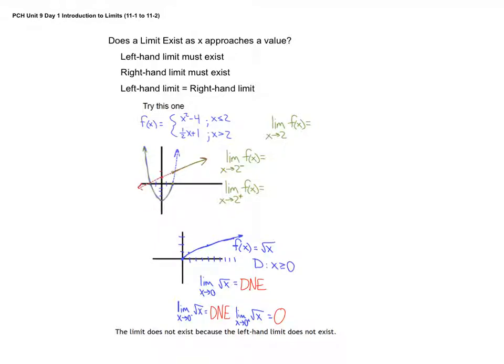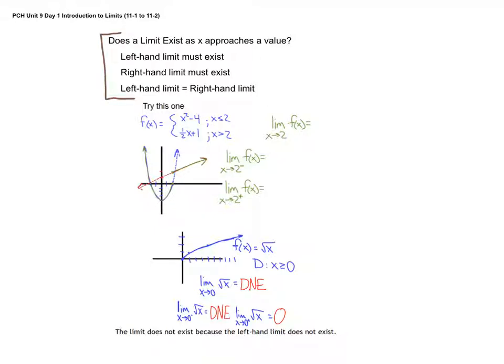So, the question Ethan just posed is actually what we're going to look at right here. And that is, what happens if the left-hand limit and the right-hand limit aren't the same? Really what we're looking to answer here is, does a limit even exist as x approaches a value?